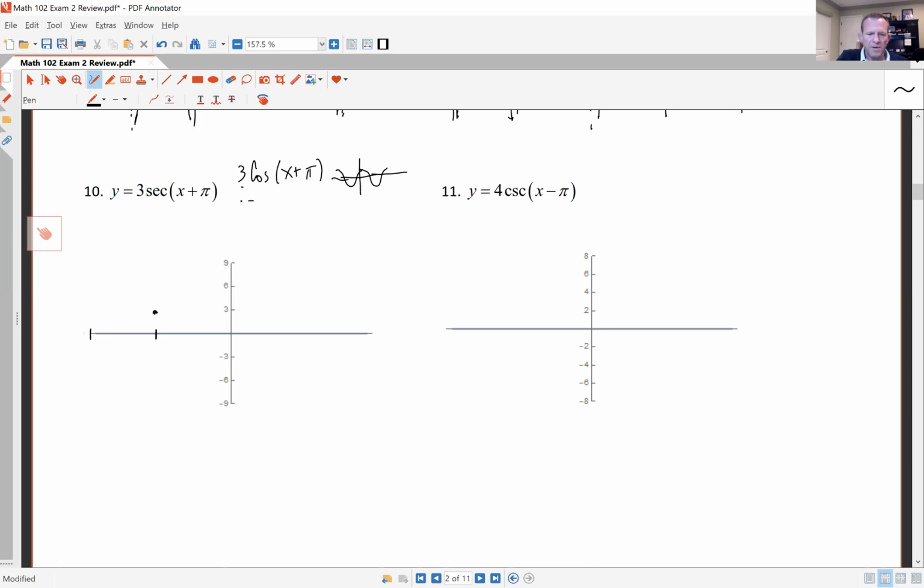Shift everything to the left pi. This point was pi -3. Now it's 0, -3. This point was 2 pi 3. Now it's pi 3. So we've got our zeros in between those.